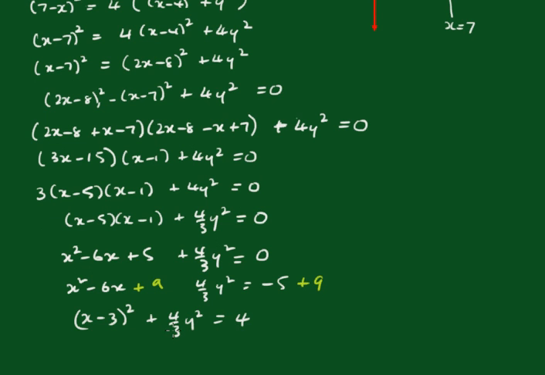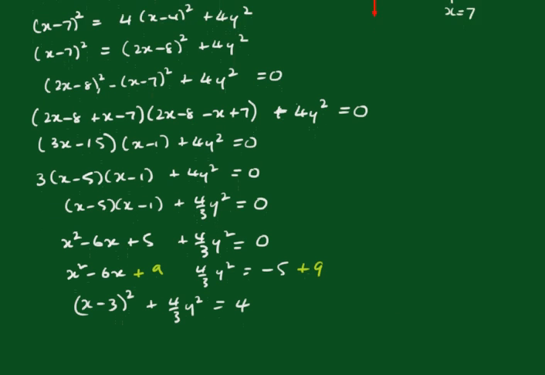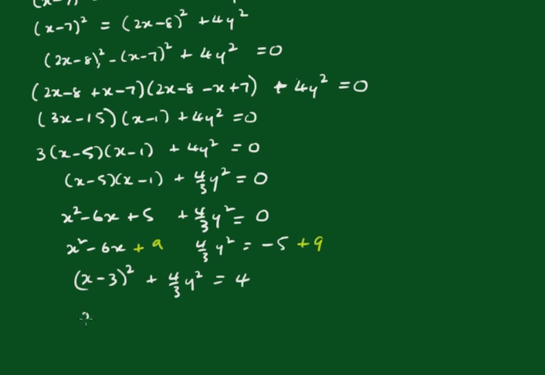Now I'm going to divide both sides by 4. You'll see a really lovely bit of symmetry coming out of this. So it's (x minus 3) all squared over 4 plus, now this 4 cancels, y squared on 3 equals 1. Now that's in the form of an ellipse.